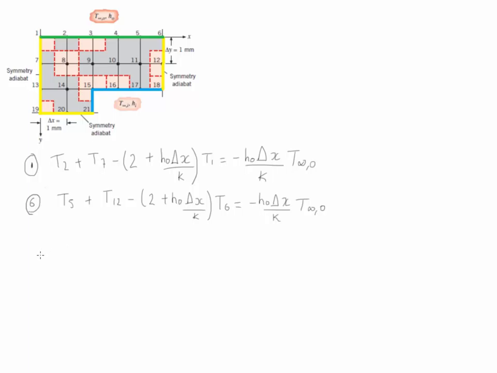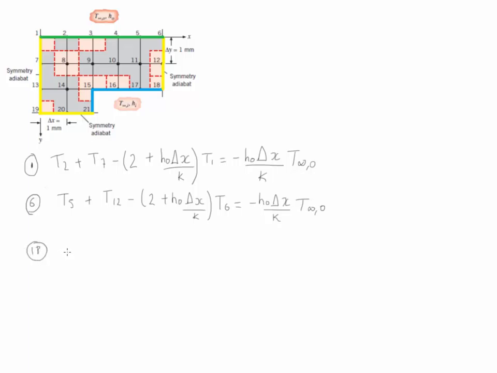The other nodes that we have are node 18 and 21. These two corners are also exposed to insulation, conduction, and convection. The difference between these two nodes and nodes 1 and 6 is that instead of being exposed to the hot gases, they are exposed to air. So the quantities that are going to change are basically just the values of h0 and T infinity 0. We write the equation for node 18.